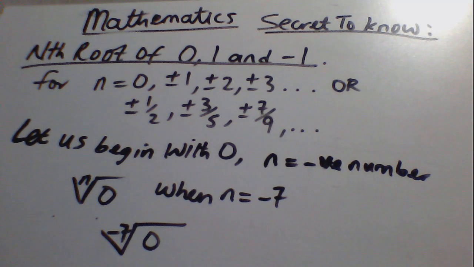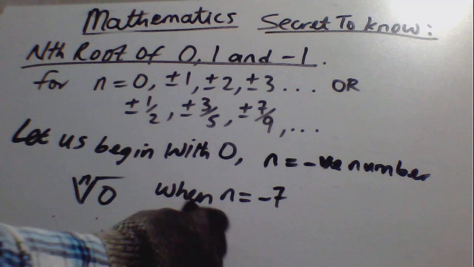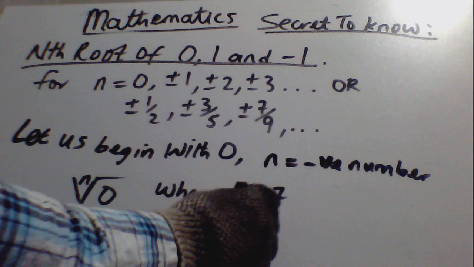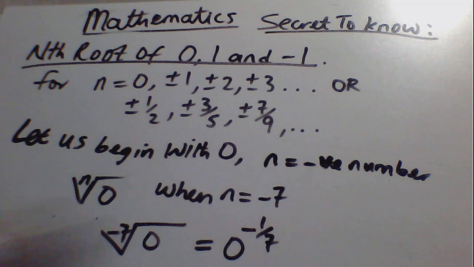The nth root of 0 in this case is 0 to the exponent, or radical, of minus 1 over 7.